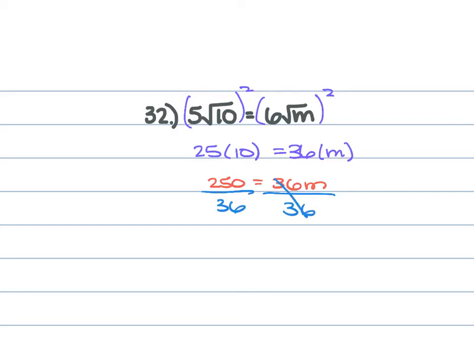And then if we want, you can simplify this. We can divide by 2. 2 goes into 250 125 times over 18. From here, you don't have anything that goes into both of these, so this 125 over 18 would be your answer.